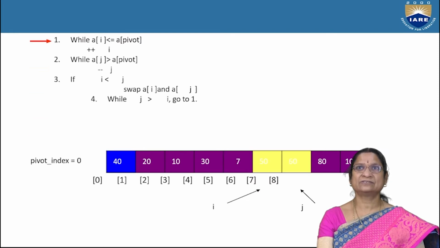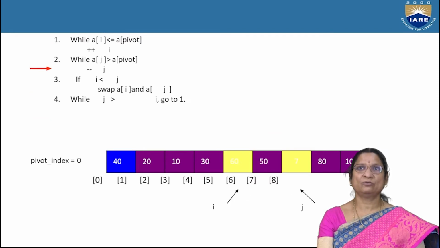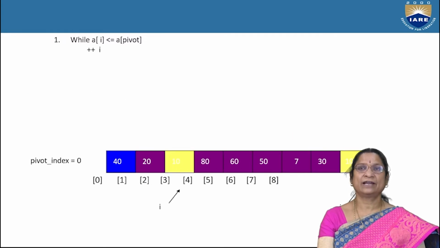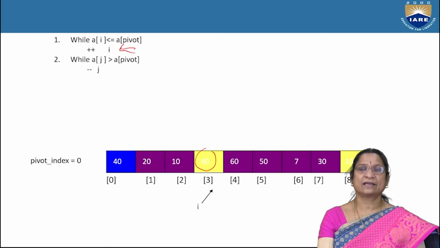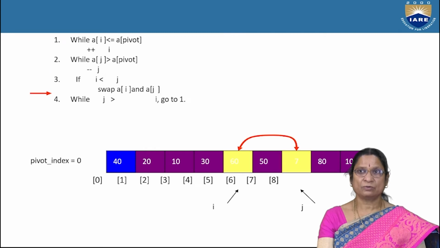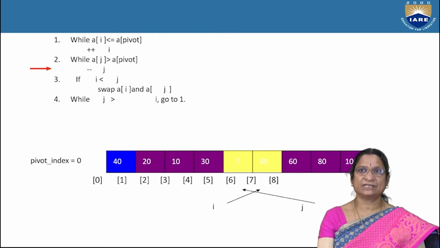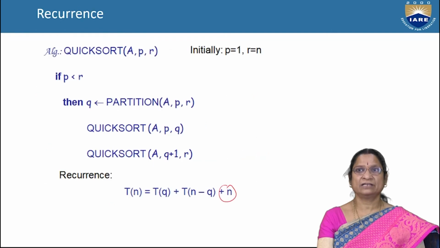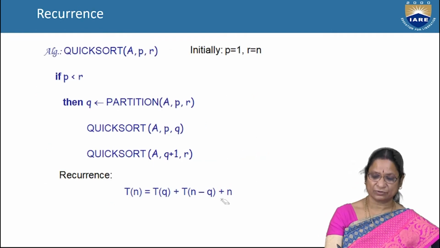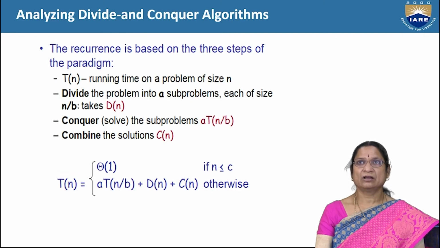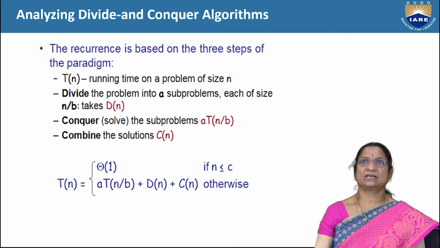The partition algorithm consists of a while loop, and this while loop is going to be executed n times, so we can consider it as n. The function f of n we wrote in the initial stages is, in this example, the partitioning algorithm, whose time complexity can be considered as n.